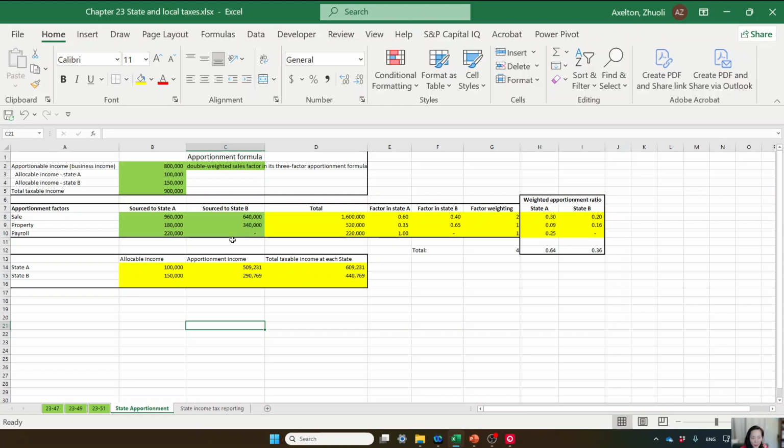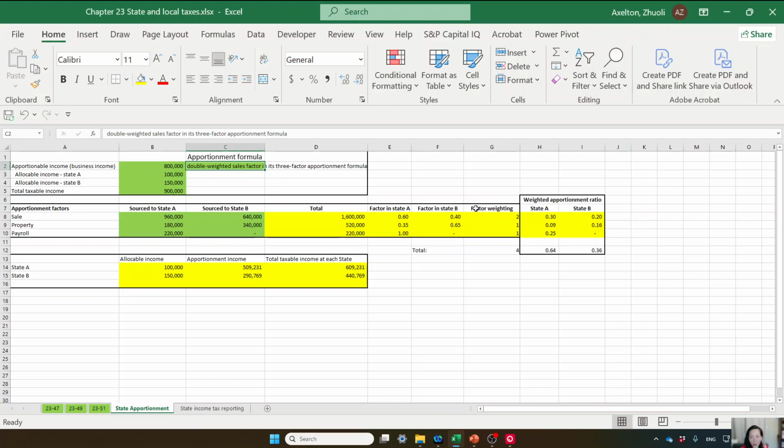A lot of times the information given is the overall apportionable income, which is the portion that will be apportioned across the states based on the formula.